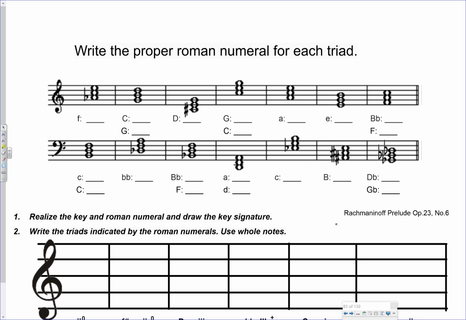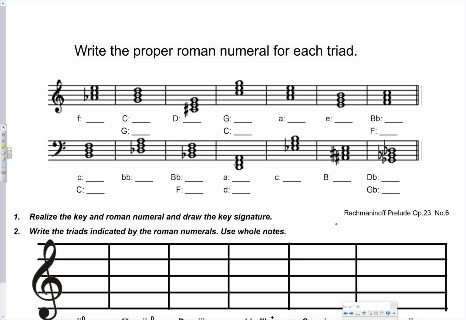Okay, college, here's where things can get just a little confusing. Let's try this activity. We have to write the proper Roman numeral for each triad. Recall that if you see a lowercase letter, the key is minor, and it's the harmonic form. Recall if you see an uppercase letter, that we are dealing with major keys.